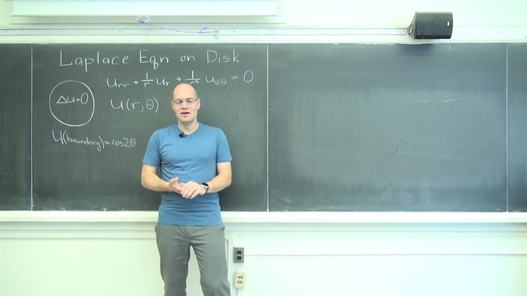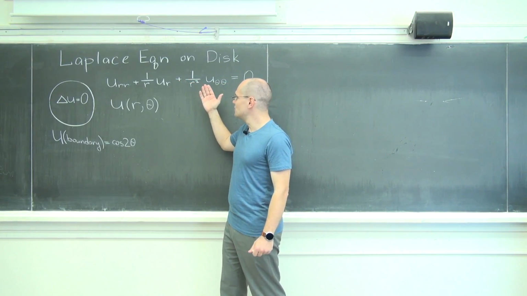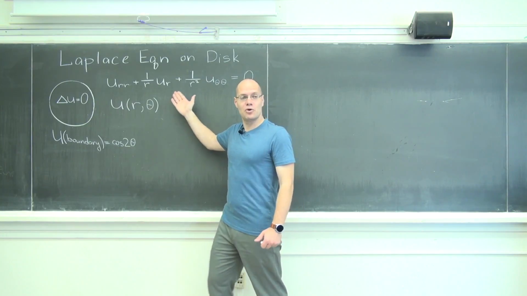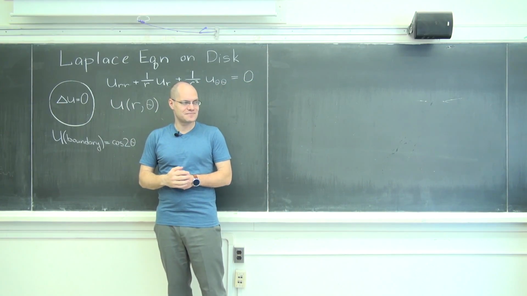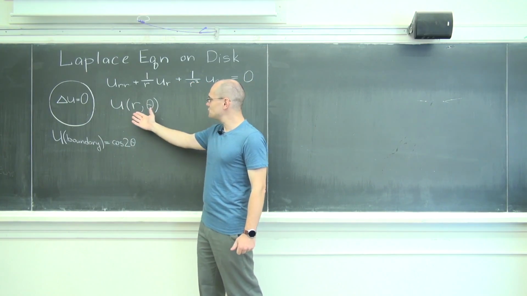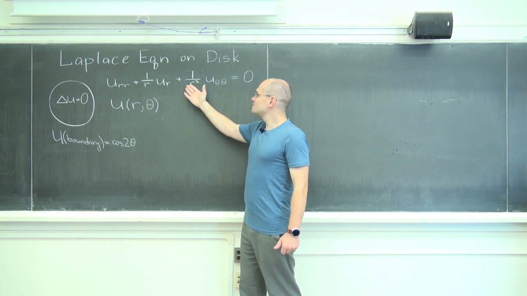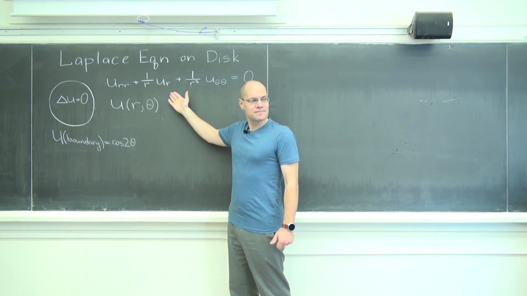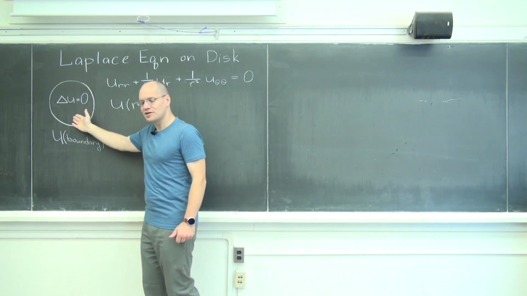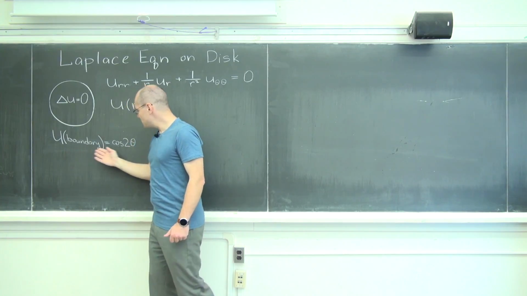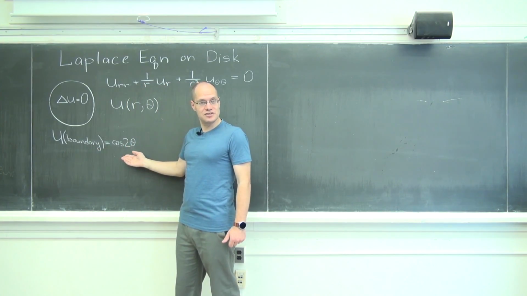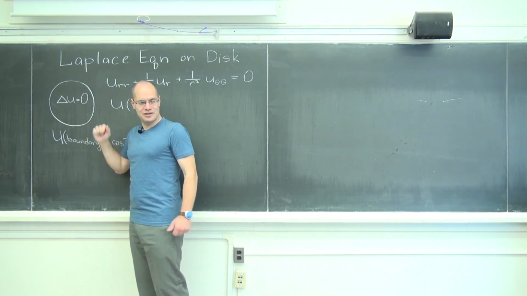Much more complicated. But I don't even have to say anything for you to agree with me that the polar coordinates are natural for the unit disk. So we'll now have to find a function of 2 variables, r and theta, that satisfies this differential condition in the interior of the disk, and some given boundary condition, for example, cosine 2 theta, on the boundary of the disk.